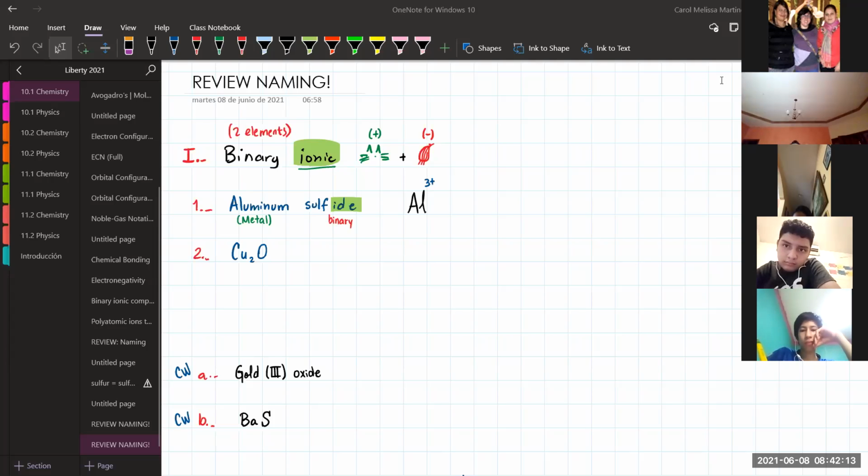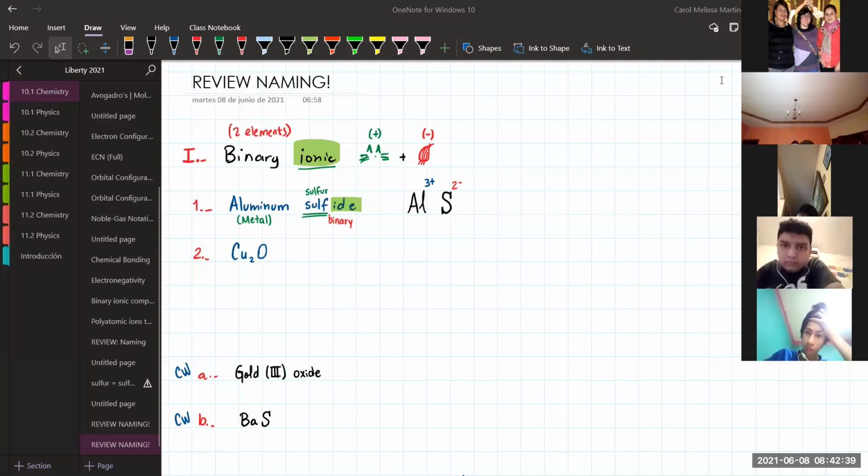Sulfide refers to the element sulfur. So the anion for this compound is going to be sulfur, and remember that sulfur uses a charge of -2.